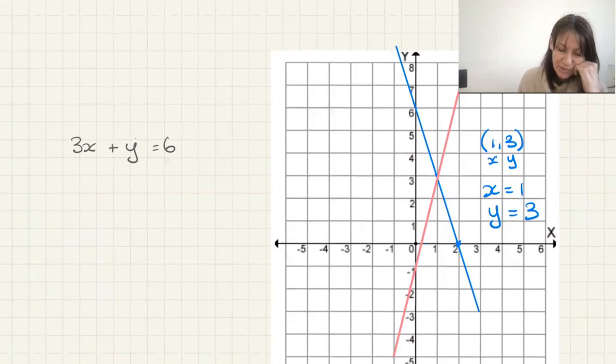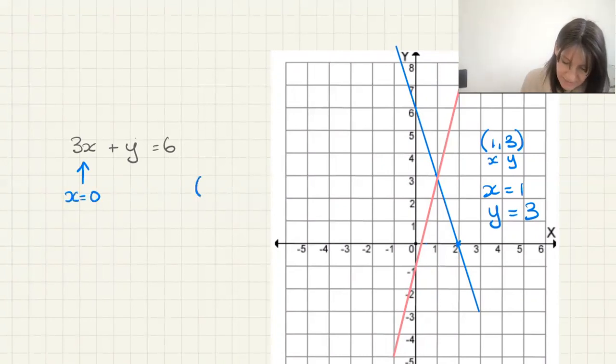But what I'm going to do is use the 0 to help me find a couple of coordinates, okay? So if I was to say that my x was going to equal 0, so this is my coordinate. Remember, my coordinates are x, y.